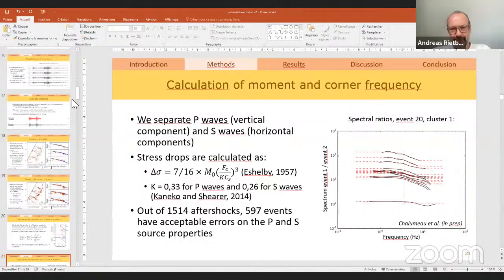But the moment ratio is the same? The moment ratio, I think, there is a very slight difference, but it's quite small. Okay. And that is then the error you assume for the plot? Well, yes, some of the error in the spectral ratio also comes from this variation between the different stations.